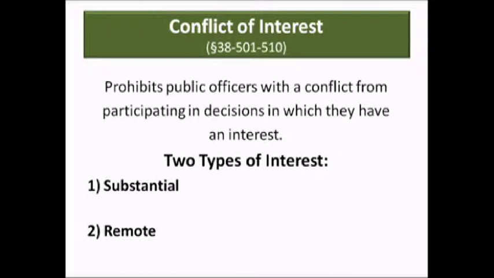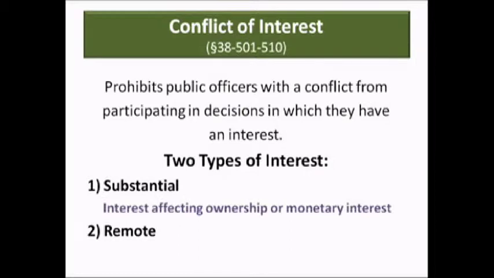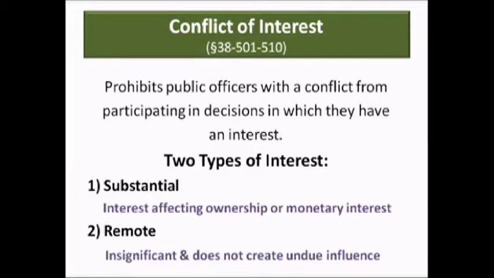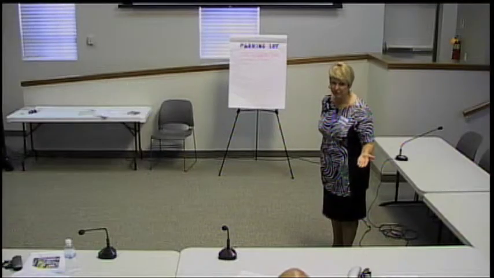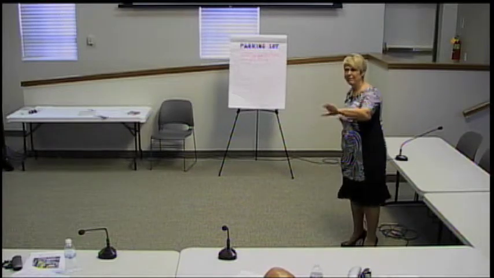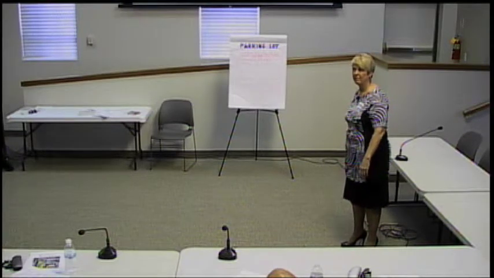It's very difficult to define substantial because there are so many contexts, but basically it's an interest that affects ownership or monetary interest, unlike a remote interest, which does not create undue influence. Substantial would create undue influence, okay? Does everybody get that? Okay.